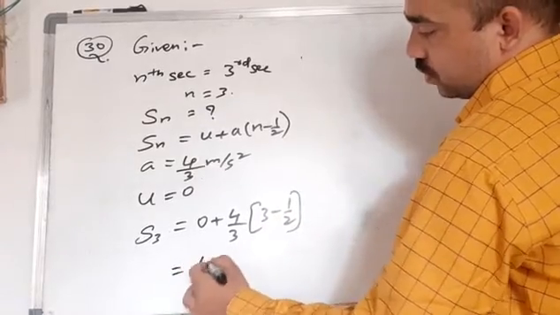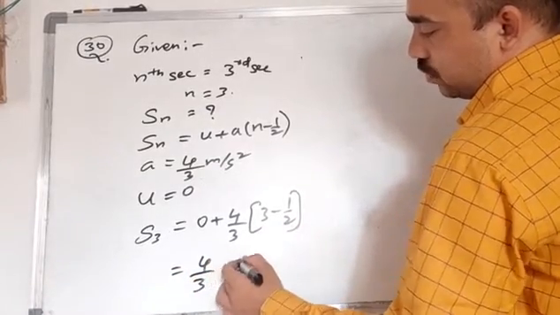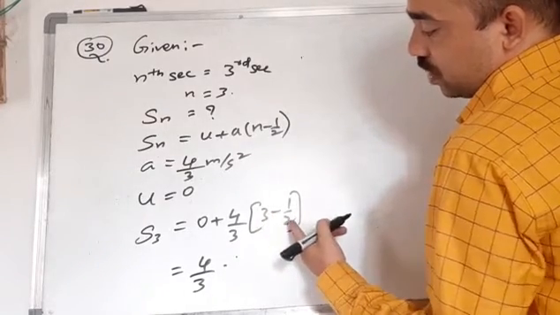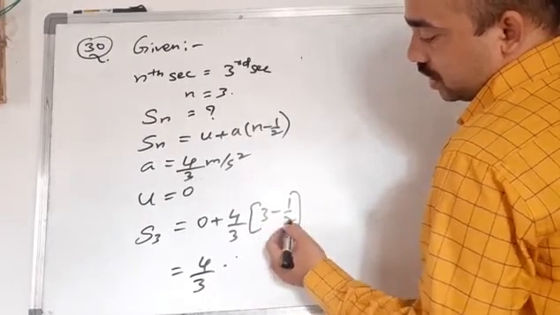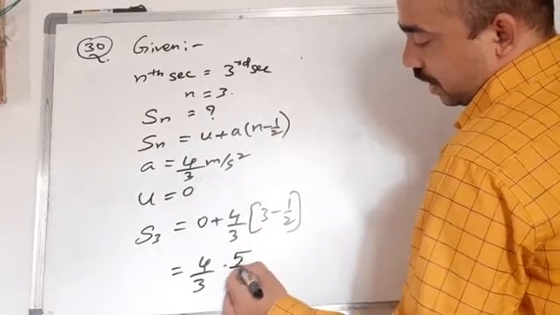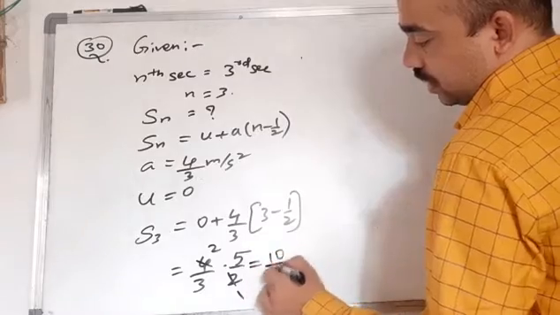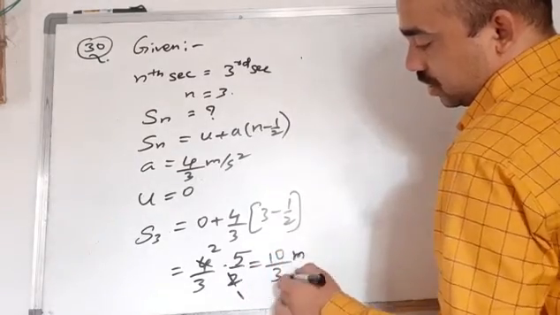So this is equal to 4 by 3 into (3 minus half), which is 2 and a half, nothing but 3 2s are 6, 6 minus 1 is 5, 5 by 2. So 2 1s are 2, 2 2s cancel. That is equal to 10 by 3 meters, which is our answer. Like this.